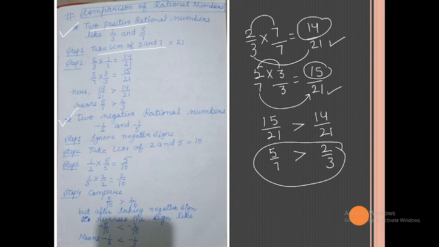Second way, two negative rational numbers. When you want to compare two negative rational numbers, the first step is to ignore the negative sign.